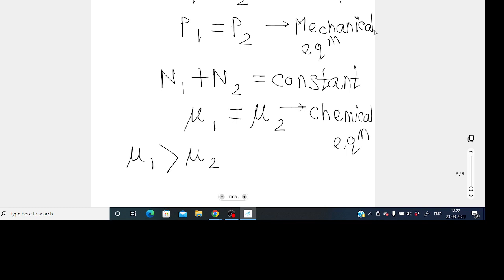Particles will flow from subsystem 1 to subsystem 2. Similarly, if mu2 is greater than mu1, then particles will flow from subsystem 2 to subsystem 1. And at equilibrium we have mu1 equal to mu2, so there is no net flow of particles between these two subsystems, right? Clear, I think.